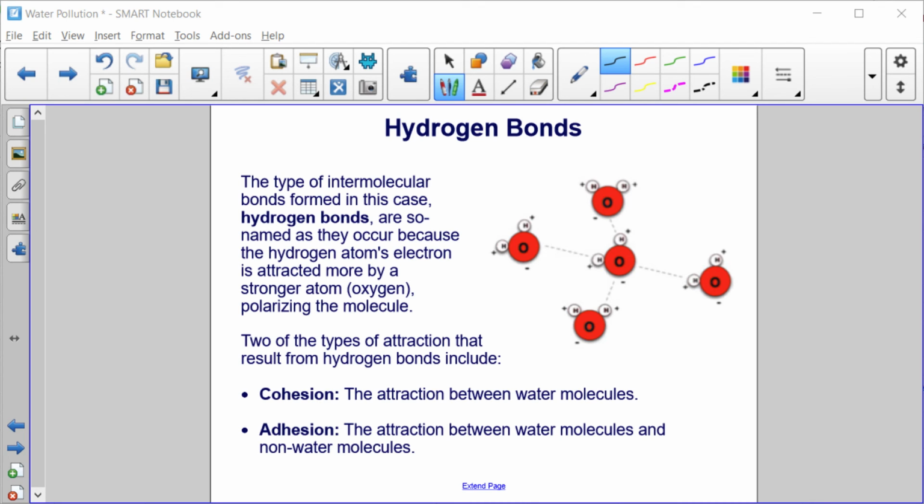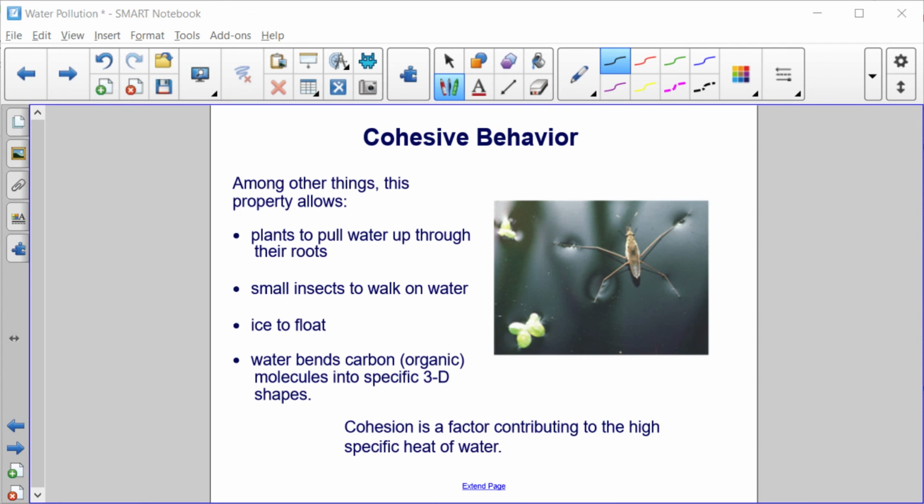The type of intermolecular bonds formed in this case, hydrogen bonds, are so named because the hydrogen atom's electron is attracted more by a stronger atom, in this case the oxygen, polarizing the molecule. 2 of the types of attraction that result from hydrogen bonds include cohesion, which is the attraction between water molecules to one another, and adhesion, the attraction between water molecules and non-water molecules. Cohesive behavior, among other things, allows plants to pull water up through their roots, small insects to walk on water, as you see in the image, and ice to float.